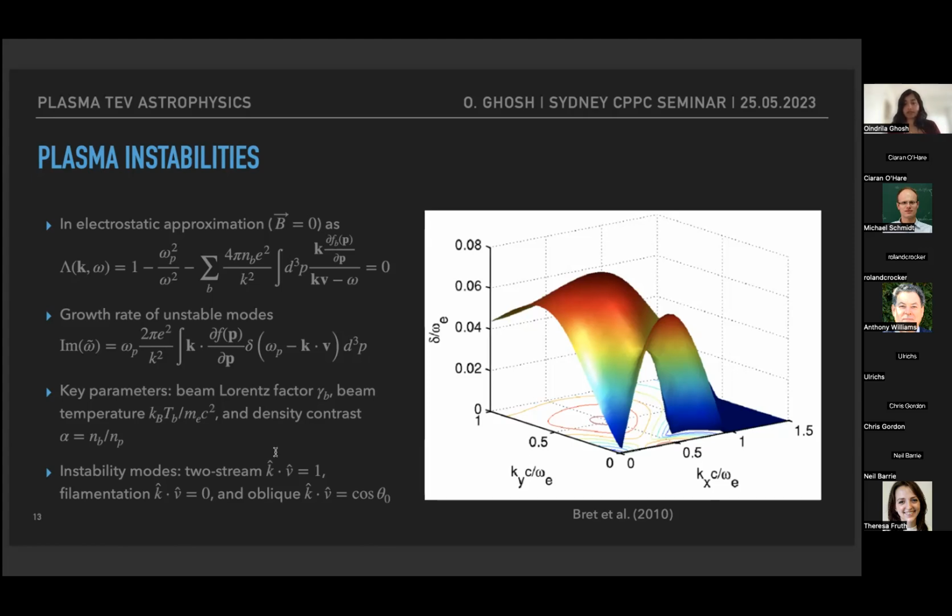And this is what we will consider from here on. So here you see essentially a 3D map of the growth rate, and the x and y axes correspond to the wave modes in the direction parallel to the propagation and perpendicular to the propagation.